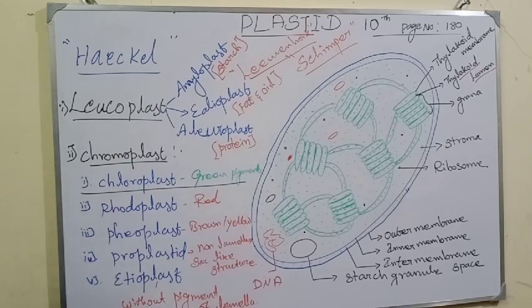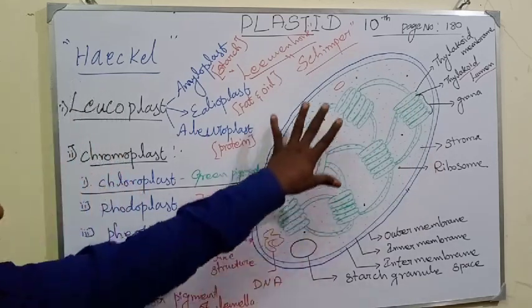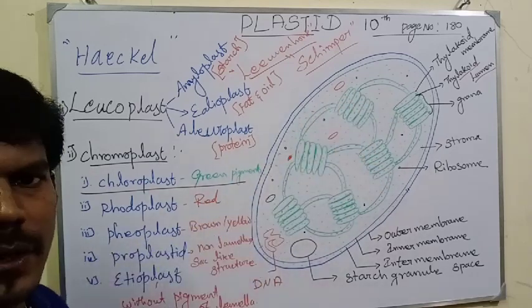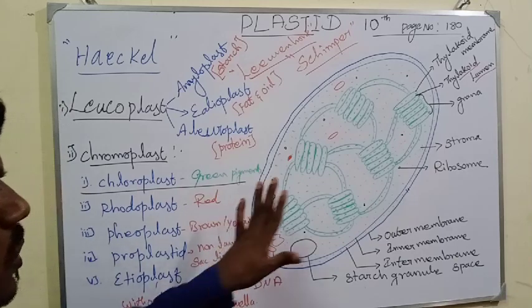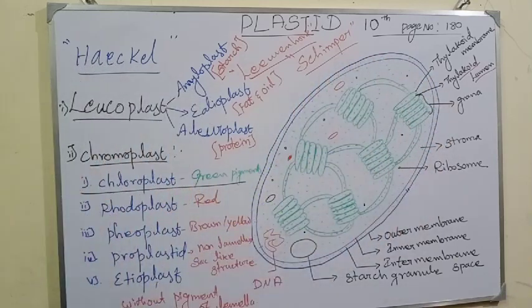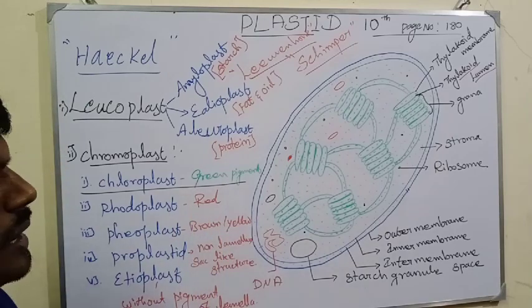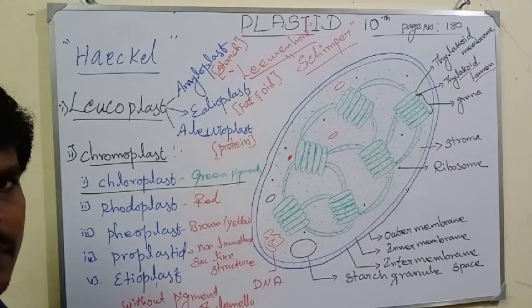See, first I will explain the structure. Before that, in science, diagrams are enough. If you write a brief answer, you will get full marks. See the structure of the chloroplast. What are the parts present? First you have to find that out. You write the labels one by one.